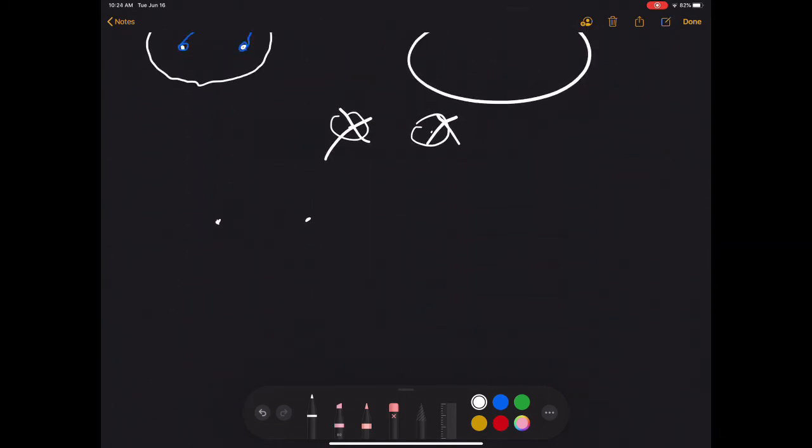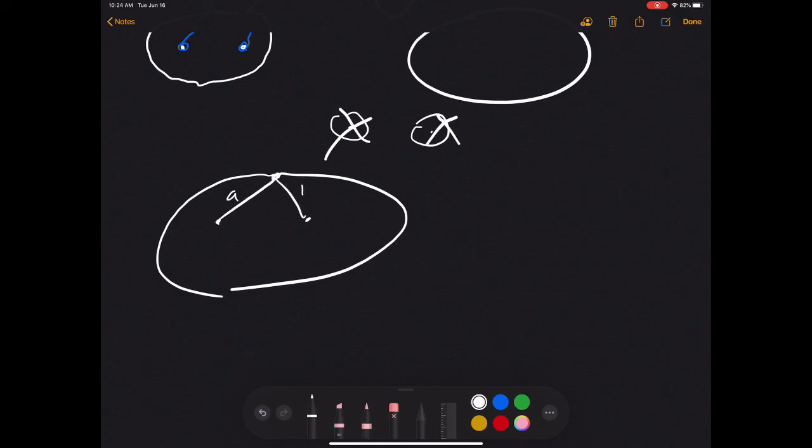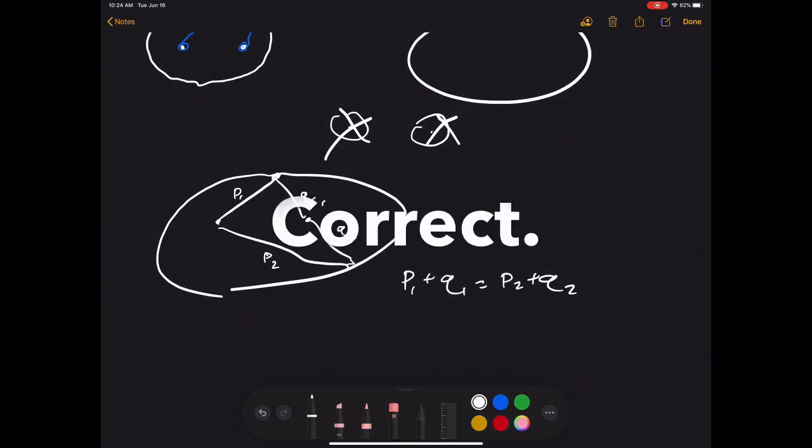These are called the foci, and for any point on the ellipse, please pretend that's an ellipse, the sum of the distances, let's say P and Q, for any 2 points, P1, Q1, P2, Q2, then P1 plus Q1 equals P2 plus Q2. The sum of the distances is always the same.